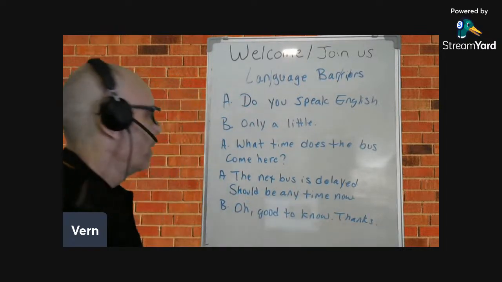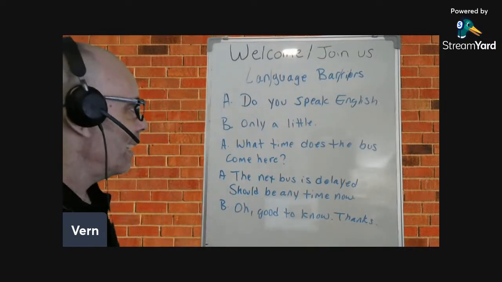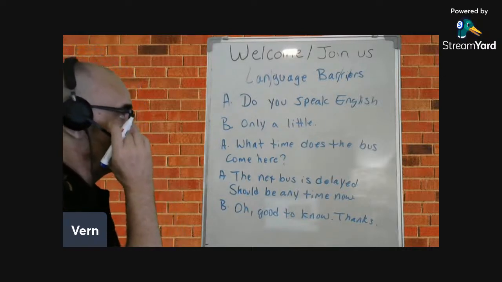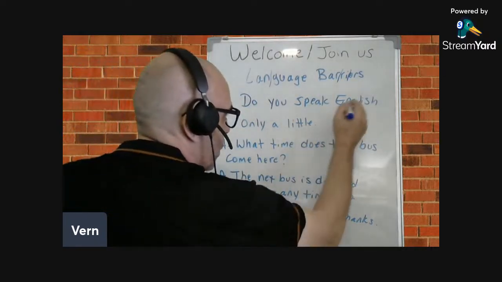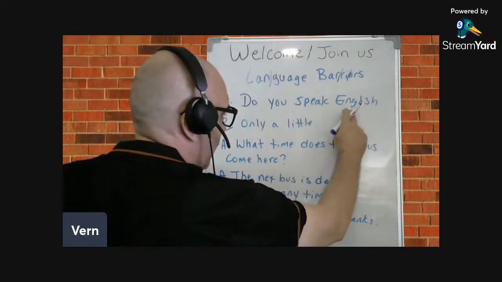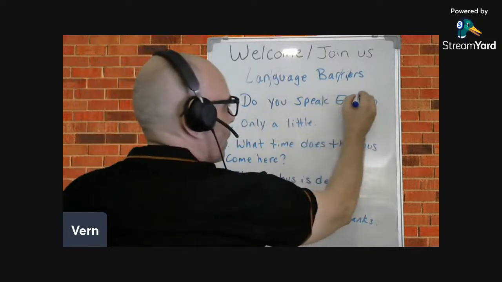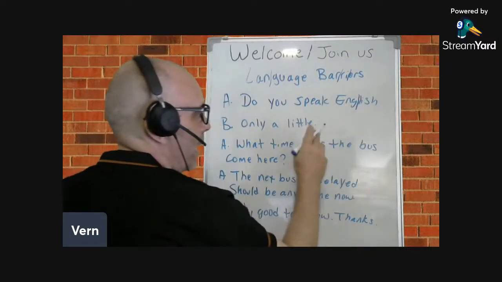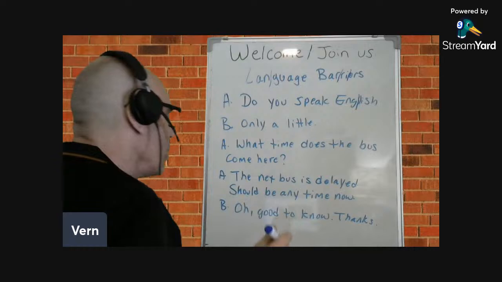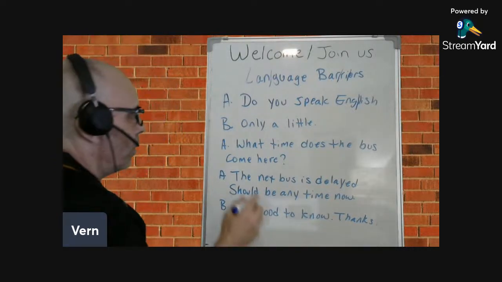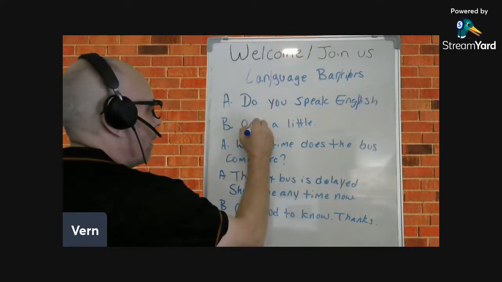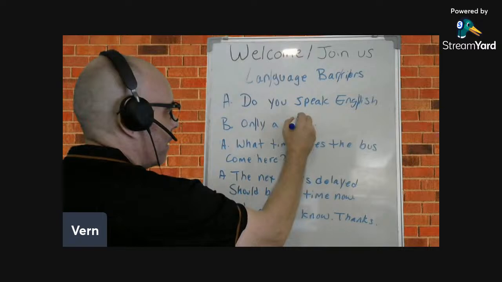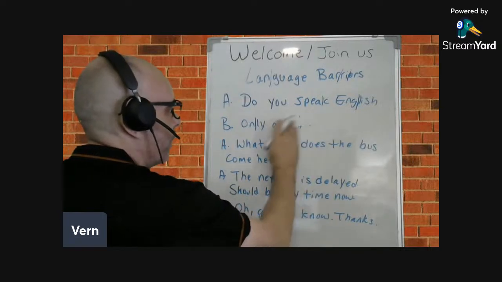Okay. Do you speak English? So English, English. We're going to put it here. Then we're going to double the G. English. Do you speak English? Only a little. Now, often with a double, I need it bigger here.